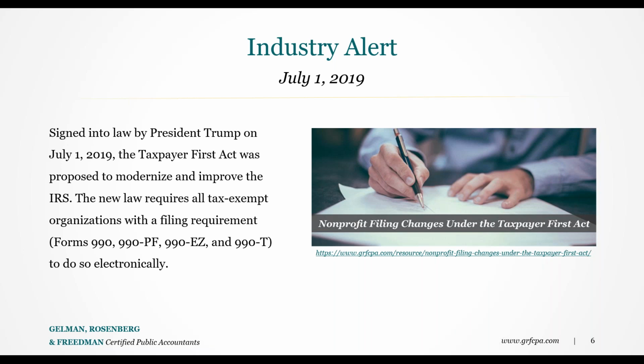Previously, only larger tax-exempt organizations, those with over $10 million in assets and filing over 250 returns, were required to e-file their Form 990. Starting in 2021, almost all tax-exempt organizations will be required to e-file. The new law will affect organizations with a calendar year beginning January 1, 2020, those returns being due May 15, 2021, and fiscal year filers with a tax year beginning after July 2, 2019.